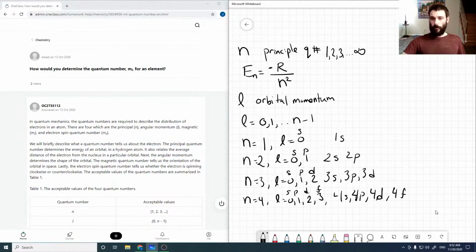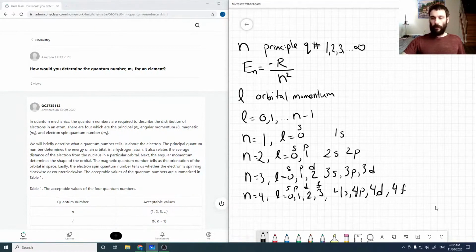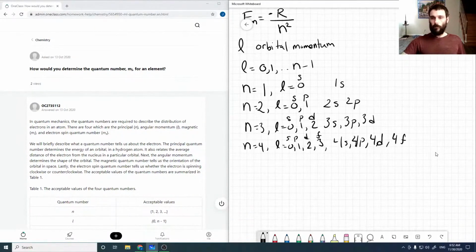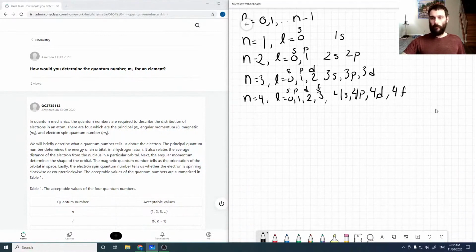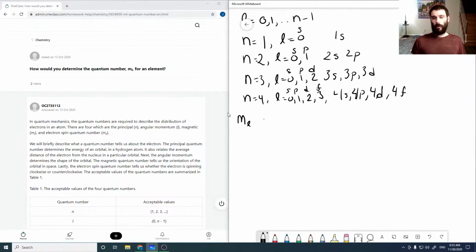Okay, so now we've got n and L. So then ML is our magnetic quantum number, or our azimuthal. And this is largely direction.